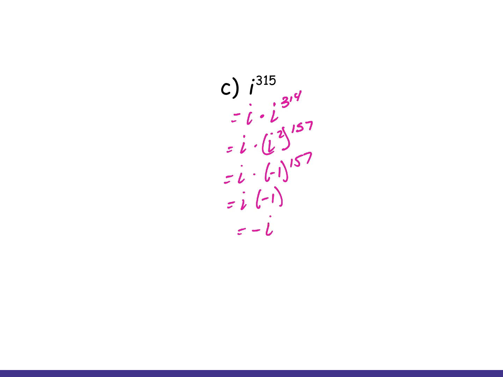Question? Are we okay with that? Daniel? No, which part? All of it? Or just part of it? After the second part? After this part? Yeah. So we know that i squared equals -1, right? So I took the i squared out and put -1. Okay? So I substitute, right?